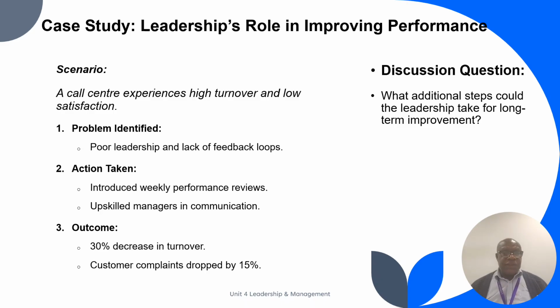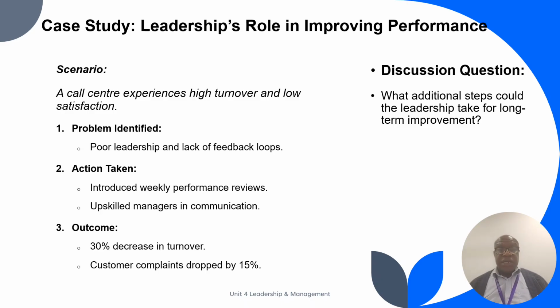So here you can see how the actions were taken. Problem identified: poor leadership and lack of feedback loop. That means that leaders or managers were operating very poorly. Maybe they were over-controlling or very rigid, had no employee interest at heart, or were unable to motivate or inspire the team.